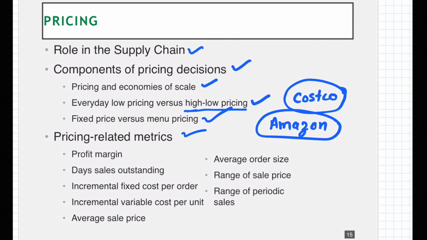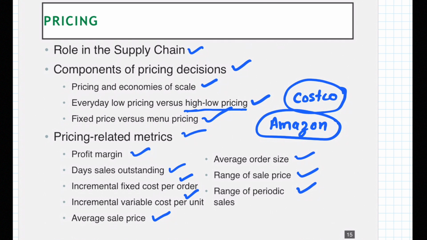inventory cost. So some of the metrics that a manager needs to track include profit margin, which is basically profit as a percentage of revenue; days sales outstanding, which captures the average time between when a sale is made and when cash is collected; average sale price; average order size; and range of sale price.